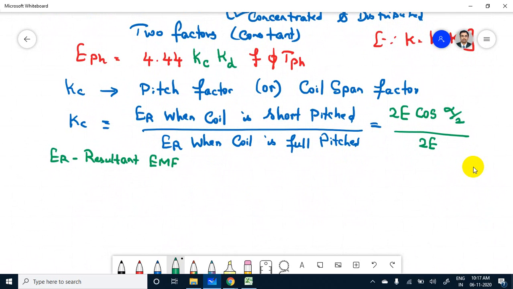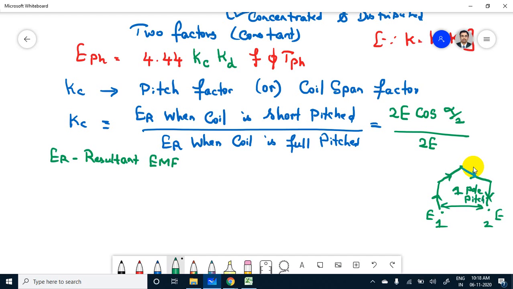Normally we know that there are two coils we are placing, coil number 1 and 2. The EMF produced here is E and E. The shape of this coil is like this. The EMF goes to the top layer, then moves downwards to the lower layer. The distance between these two coils will be 1 pole pitch.